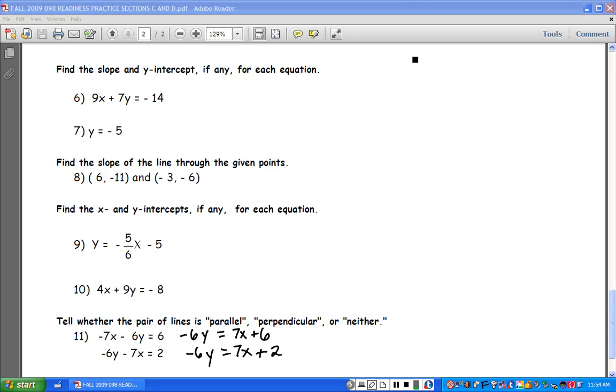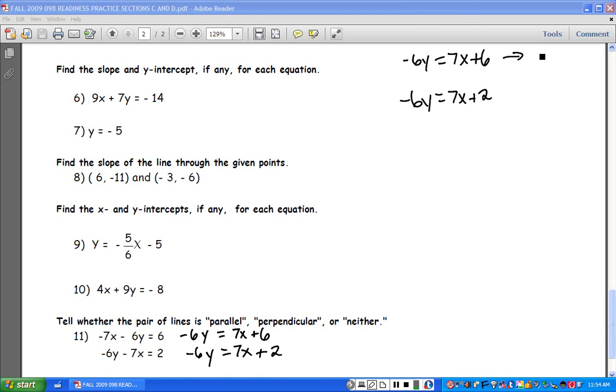So let's move up here. -6y equals 7x plus 6, and the other one is -6y equals 7x plus 2, and we're left to divide everything by -6.